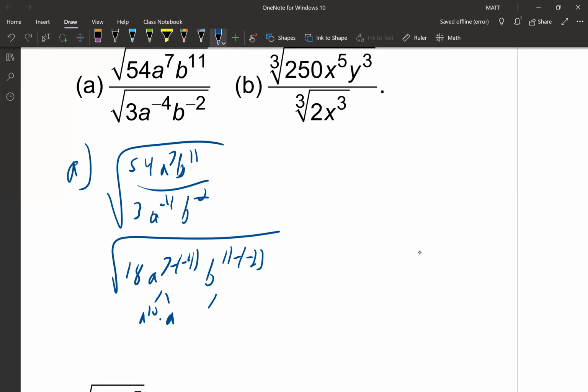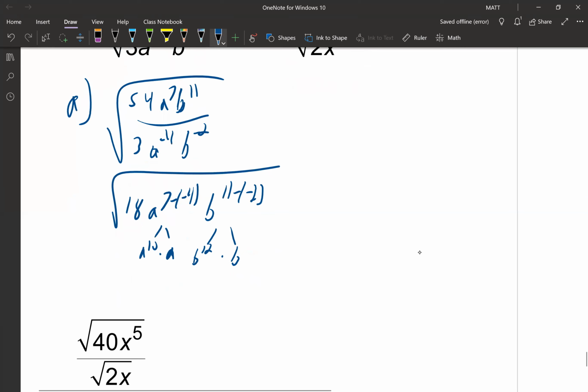And we can change b into b to the 12th multiplied by b, right? So this will simplify to a to the 5th, b to the 6th, square root of 18ab. Okay.